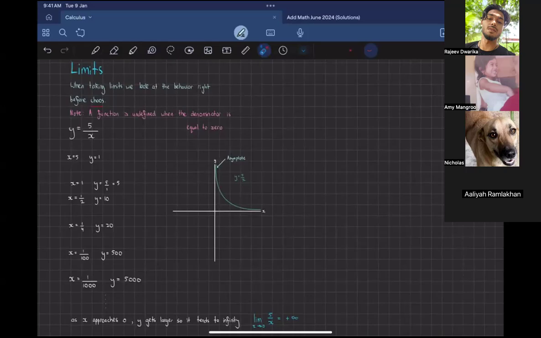Okay, if you were saving $5 a day, you're getting $5 a day. How many days will it take to make that $5? 1. Okay, cool. Let me just say you're saving 50 cents every day. How many days will it take? 10 days. Let me just say you were saving 25 cents every day. How many days will it take?